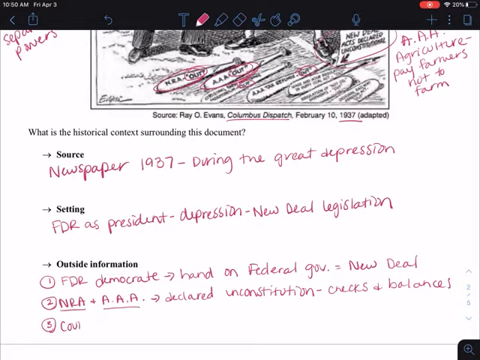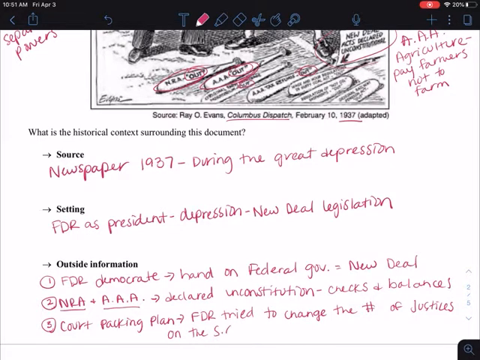And then we know what this is called. This is called the court packing plan, where FDR tried to change the number of justices on the Supreme Court to get the New Deal passed.